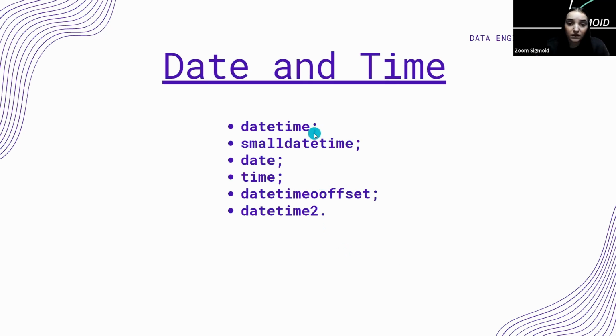So here we have datetime, smalldatetime, datetimeoffset, datetime2. I know it's a lot of information for you now, but I think this information on the slides will be helpful maybe in the future, in case you'll be interested in databases.